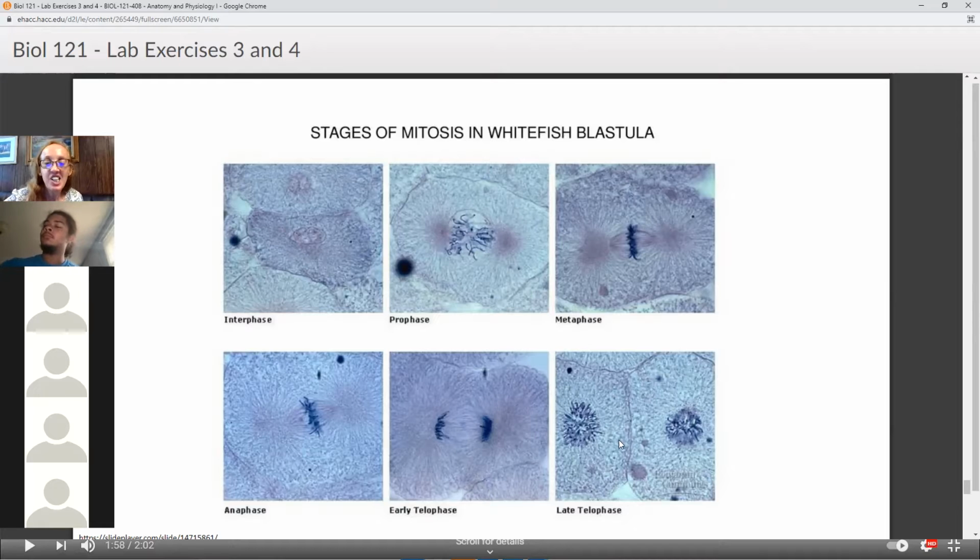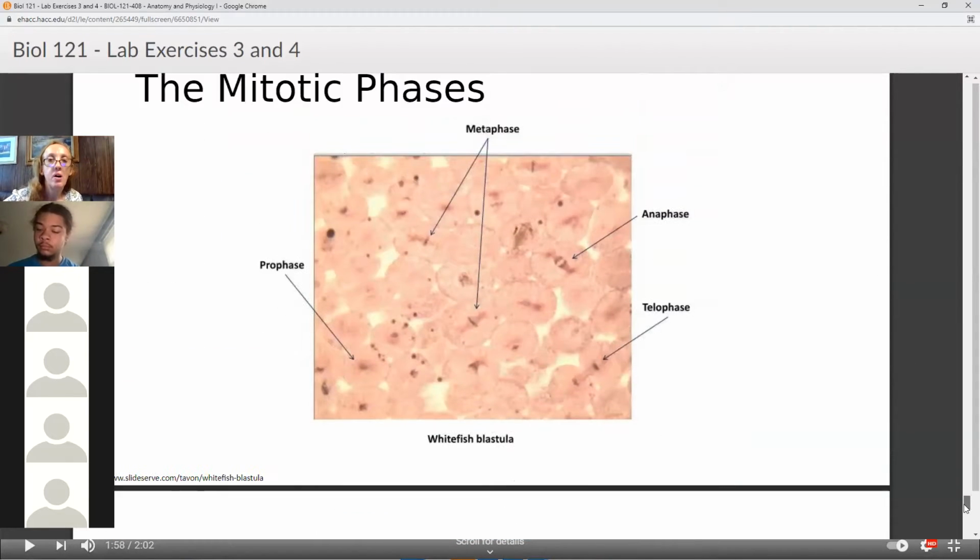So late telophase, where now they're separating and the new nucleus is forming. Looking at these, prophase, you can see the little individual chromosomes starting to get kind of dark. These cells right here, where you can't really see the dark chromosomes, this is interphase.